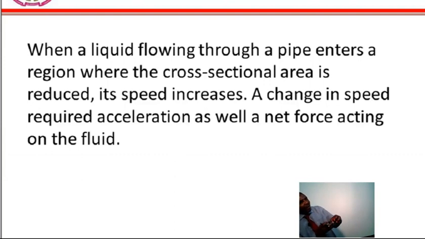The pipe that runs from inside to the tap is usually wider than the tap's cross-sectional area. At the point of opening the tap, the water rushes out, the speed increases. The increase in speed is a result of the reduction in the pipe's cross-sectional area at the outlet. So a change in speed requires acceleration as well as a net force acting on the fluid.